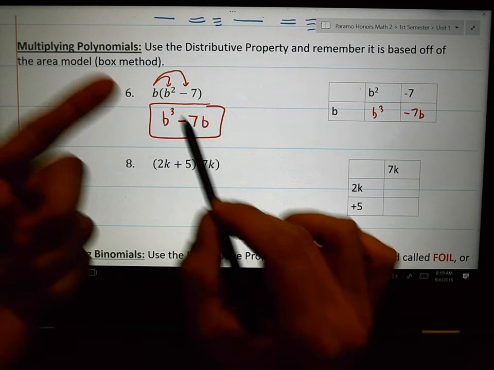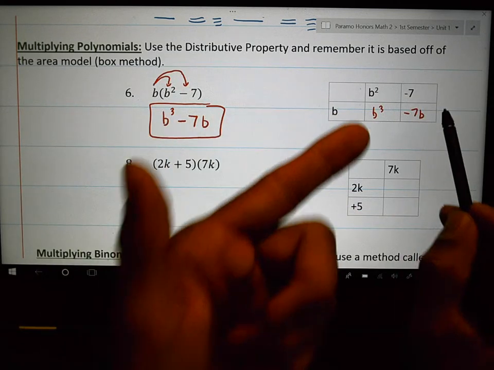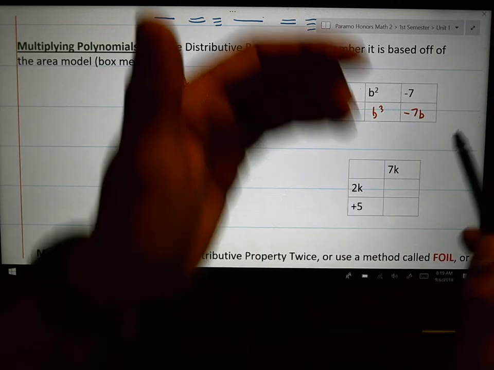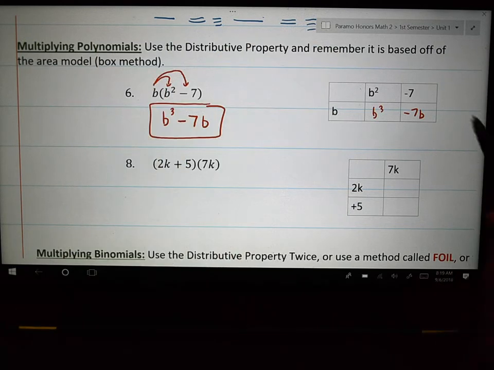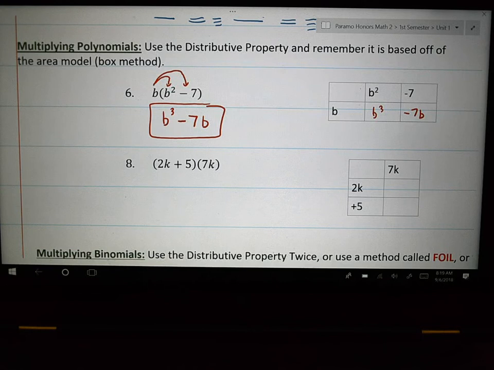This is a shorter way to do it. But I wanted you to see this because I know some of your junior high teachers may use this, and I even know of a teacher down the hall who uses this in Math 3. So just in case you see it again, you can see that it's all related.